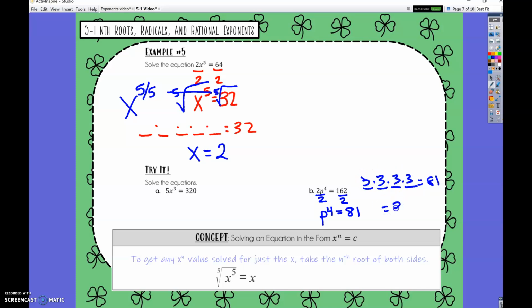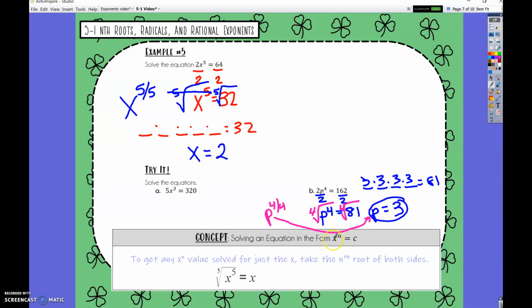That would give us 81. So p equals 3. But remember, we could also get rid of that 4th power by taking the 4th root. Mathematically, that's what you're doing. So this would be a great step to show. This is your guess and check way. And remember, p to the 4 over 4 just leaves p. That's why I have that there. And the 4th root of 81 is 3.